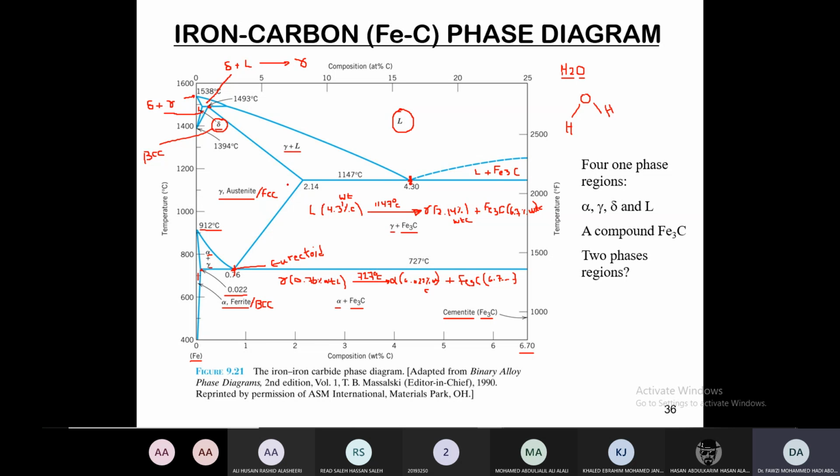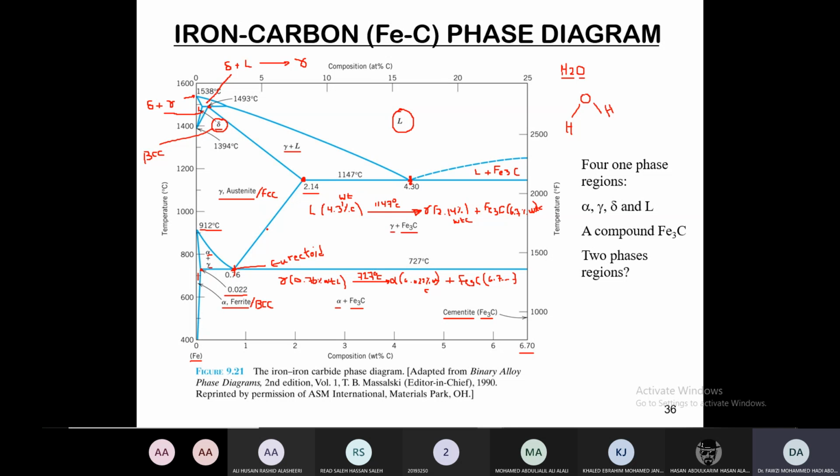It has high solubility basically, and the maximum solubility occurs at the eutectic temperature, which is 2.14% by weight carbon. So it has high solubility of carbon specifically at that temperature. For the ferrite phase, on the other hand, you can notice what the maximum solubility is. It's basically 0.022. That's the maximum solubility of carbon in the ferrite phase.